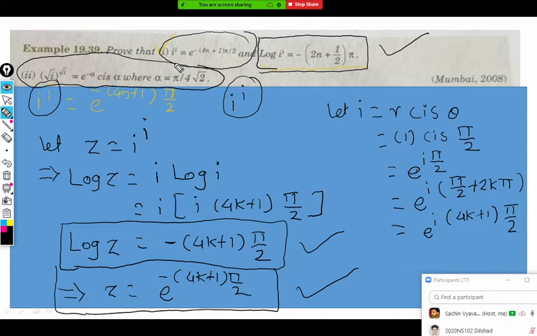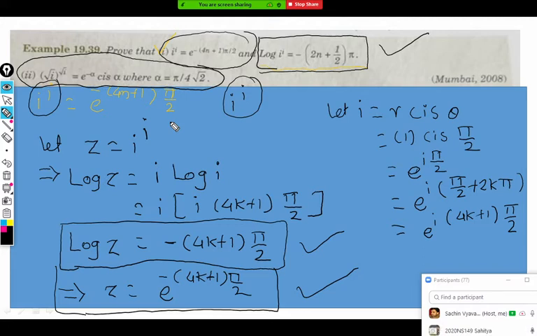Just separate root I raised to root I into real and imaginary parts. Indirectly, if the question comes, separate I raised to I into real and imaginary parts, what will be your answer? What will be the real and imaginary part of I raised to I?